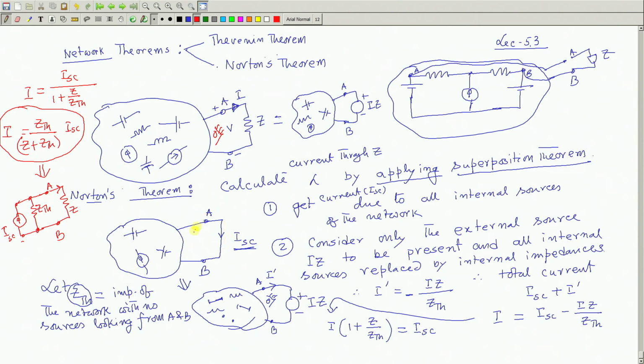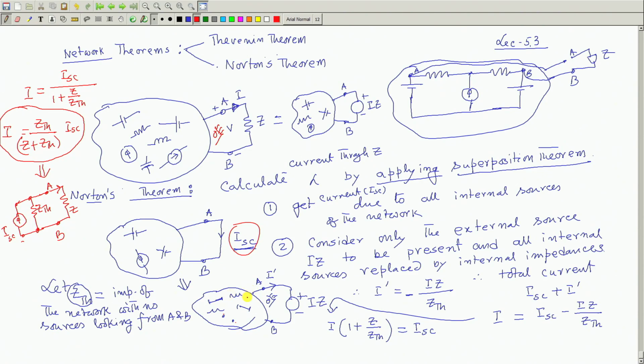To get I SC, you find out the short circuit current, and solve that network with all sources present. And how to find Z Thevenin's? All internal sources are replaced, the battery by a short circuit and the current source by an open circuit, and find out the equivalent impedance looking from A and B into the network.